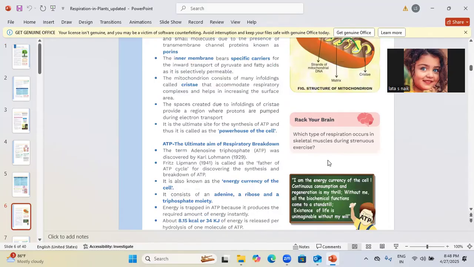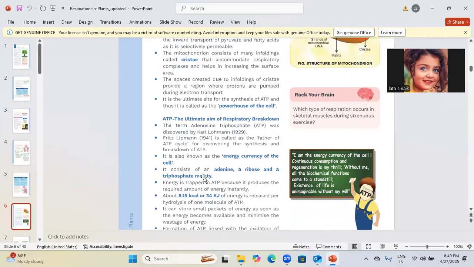So here you can see how ATP proudly says that it's the energy currency of the cell, and its continuous consumption and regeneration is vital, and without ATP all biochemical reactions come to a standstill. So existence of life is unimaginable without ATP. So that importance of ATP can be seen in mitochondria.